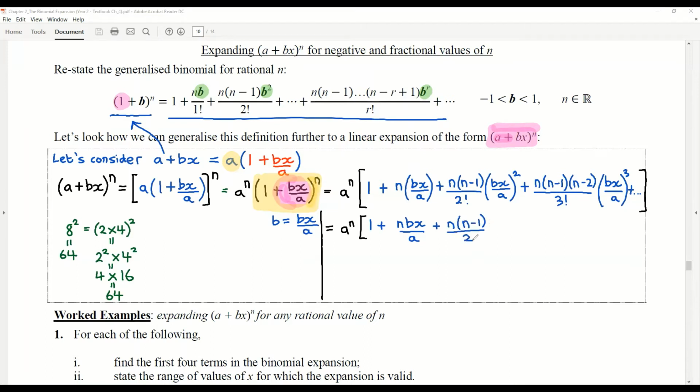And then we also have b squared x squared over a squared by squaring everything inside that bracket. And then similarly, n multiplied by n subtract 1, n subtract 2 over 6, and then b cubed x cubed over a cubed, plus more to come, and then we'll just close that square bracket.